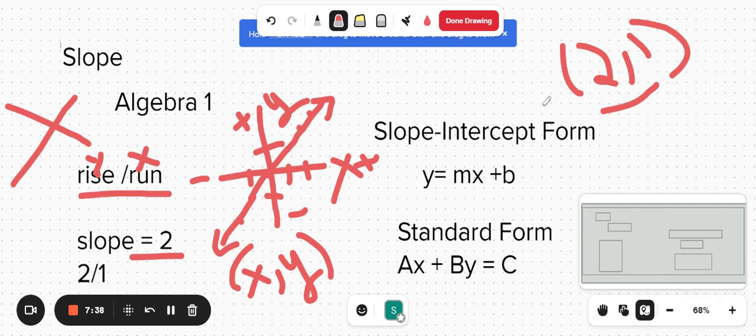Now, there are other ways of representing slope and many other things, which we haven't talked about, but we will. The first most common way is the slope-intercept form. This is the way that most math classes use, and this is the equation for it. If you look at this, you might be wondering what all these variables mean, so let me explain. This y value here is just your y coordinate. For example, let's continue with the example of 2 comma 1.